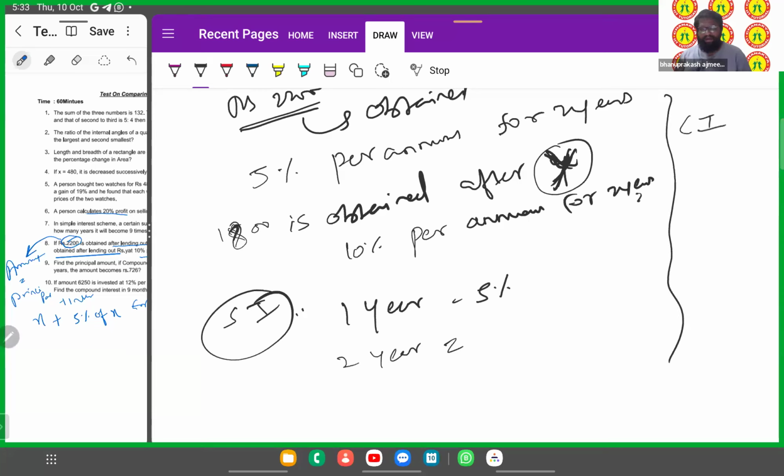Why we don't consider compound interest here is, to calculate compound interest, you need to know the principal amount for sure. Without the principal amount, you can't even compound. See, without a base, how will you construct a compound wall? Are you getting my point? Without being given any principal amount, how will you evaluate it as compound interest?